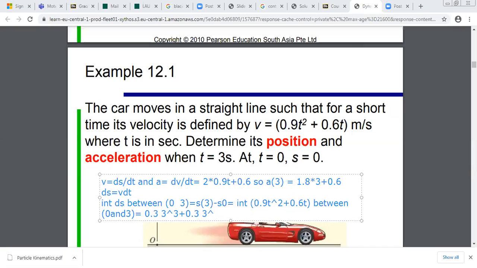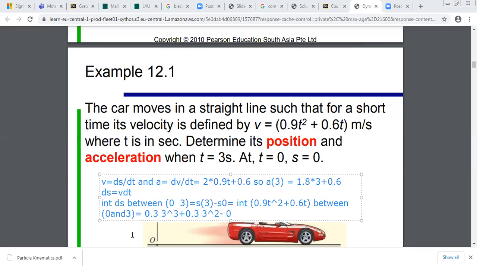Okay, then I should do minus the value of the integral function for 0, which is 0.3 times 0 cubed plus 0.3 times 0 squared, but of course it is 0. Okay, so for 0, if you replace in the integrated function, it's 0. So you can get your s at 3.